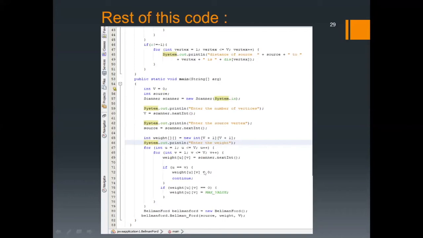What I have done here, if v is equal to u, that means that is the same node or same vertex, weight will be 0. And if there are no edges between these two nodes, then weight will be infinity. And here I call the Bellman-Ford function.